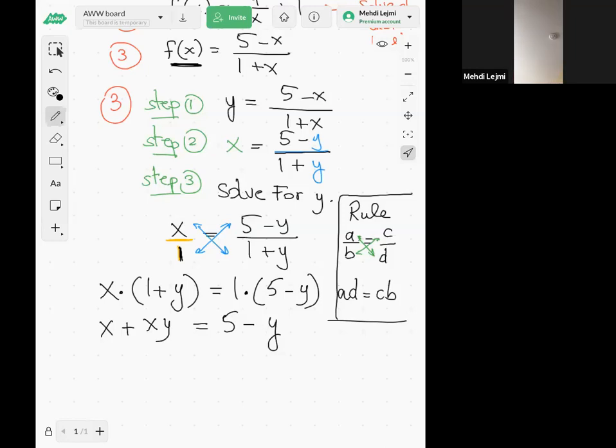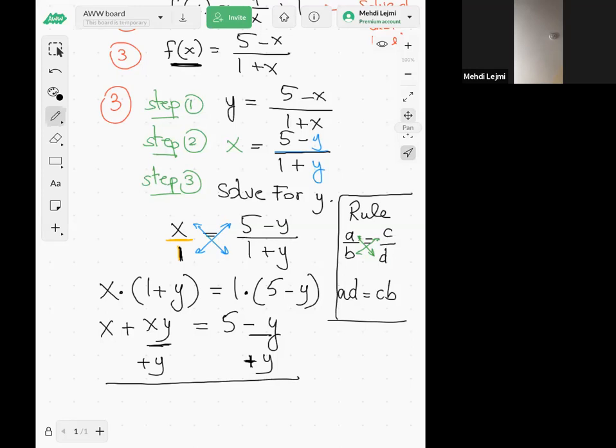So here I'm solving for y, so I have to move all the terms with y to the same side. Okay, so for example here, this is xy and this is minus y. So I'm going to move this minus y to the left side. To move minus y to the left side, I'm going to add plus y to both sides.